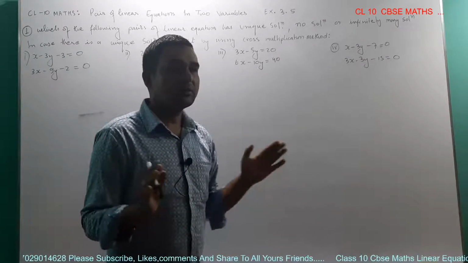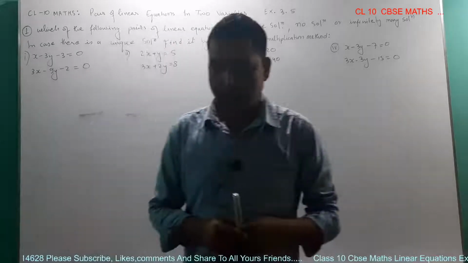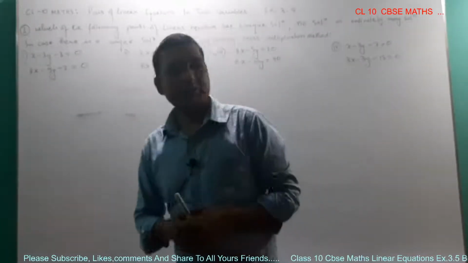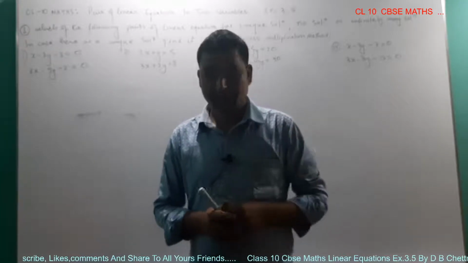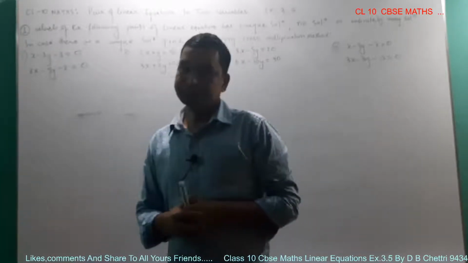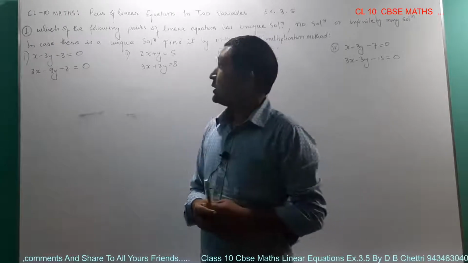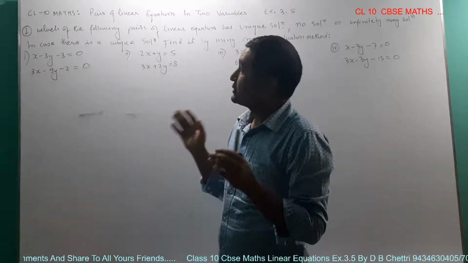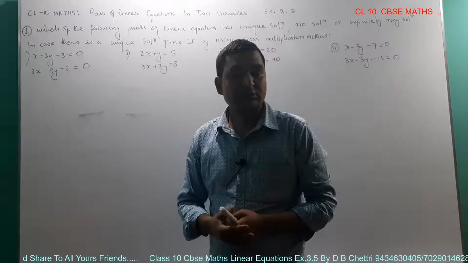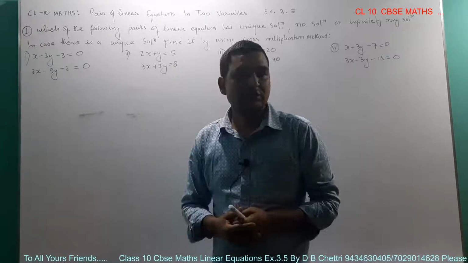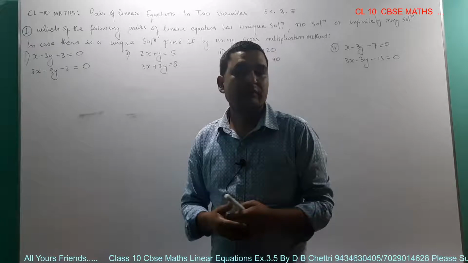We already learned how to check the type of equations. If you missed that video, please go through the playlist. It is there in the beginning of this chapter. So the first question asks to check whether the equations have unique solutions, no solutions, or infinitely many solutions.